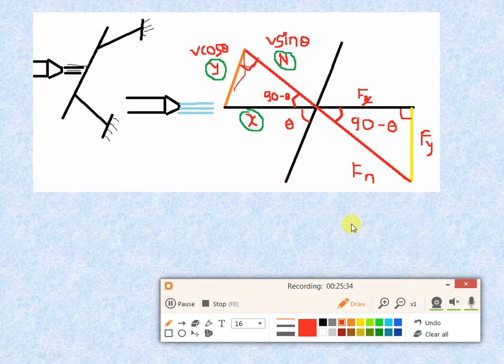So friends, apply sine 90 minus theta for the velocity triangle. Consider this is the velocity triangle and this is the force triangle. The velocity along x is v and the force in the x direction is Fx.